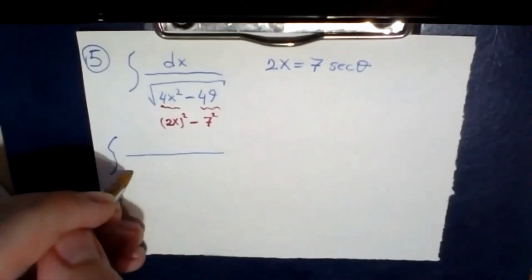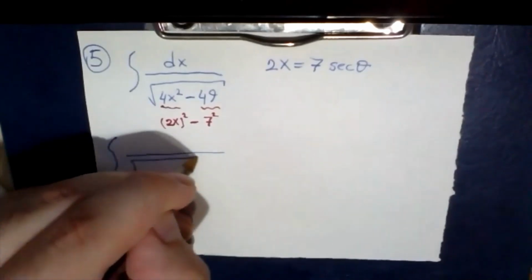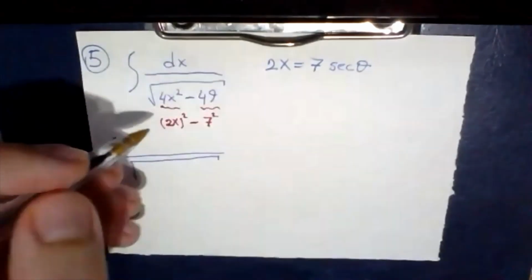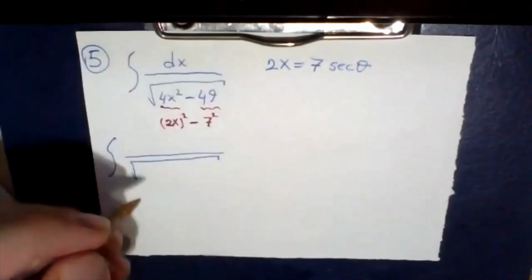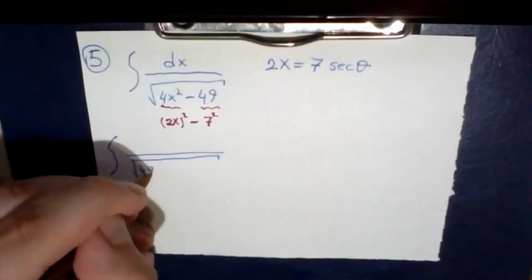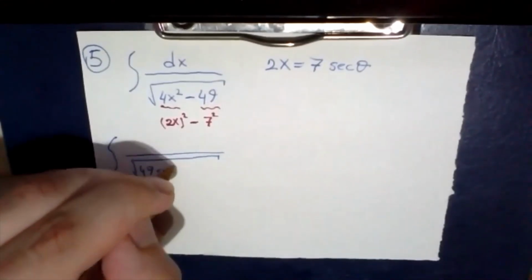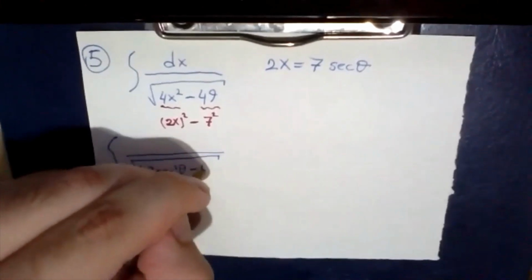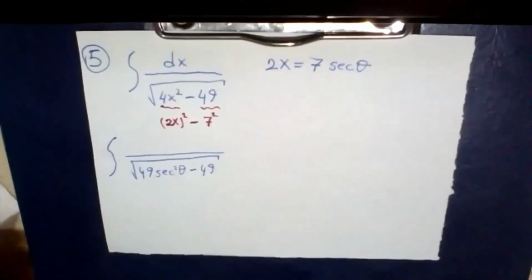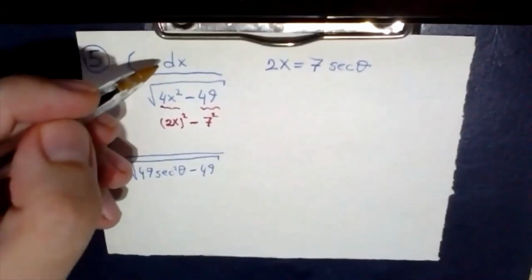Instead of 2x, we should write 7 times secant theta, but we should take its square, which will be 49 times secant square theta minus 49. And for the numerator, we have dx.